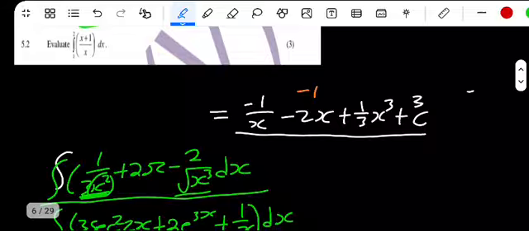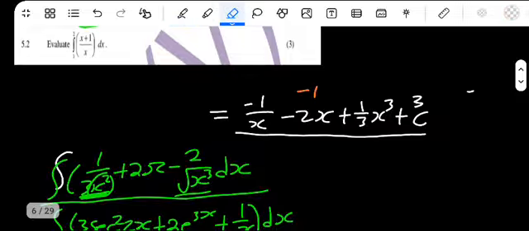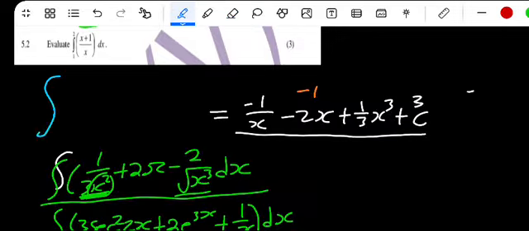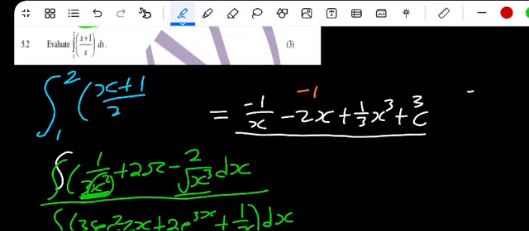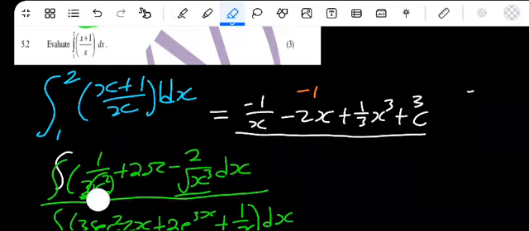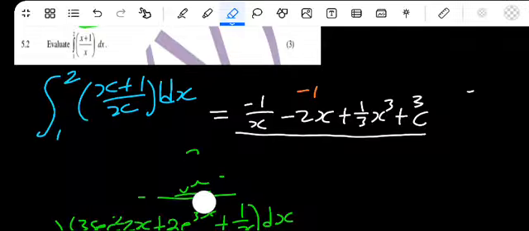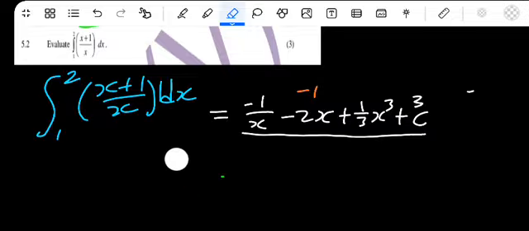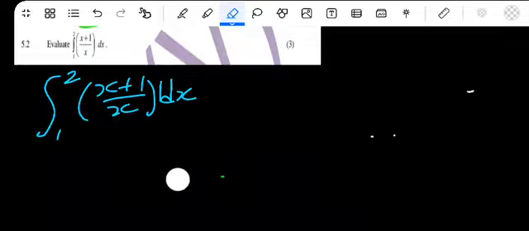Let me check this file. Let us see 5 point that. So here we've been given the integral from 1 up to that of x plus 1 over x dx, like this. We've been given the lower limit and the upper limit there.